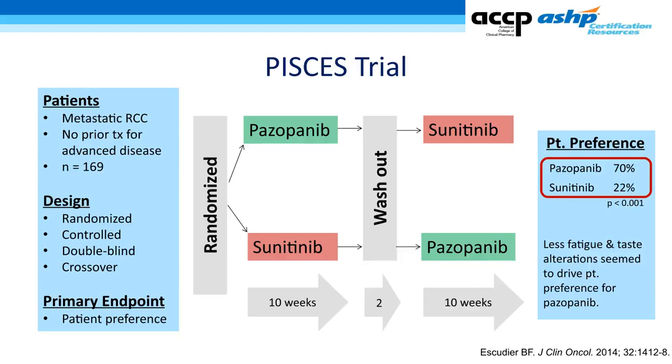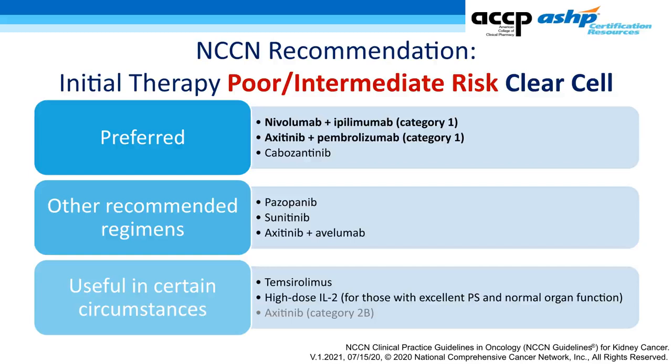And this preference for pazopanib appeared to be because of less fatigue in people taking pazopanib and fewer taste alterations while taking pazopanib. So what we have here is pazopanib and sunitinib being relatively similar with regards to efficacy outcomes, but a patient preference relatively strongly in favor of pazopanib over sunitinib.